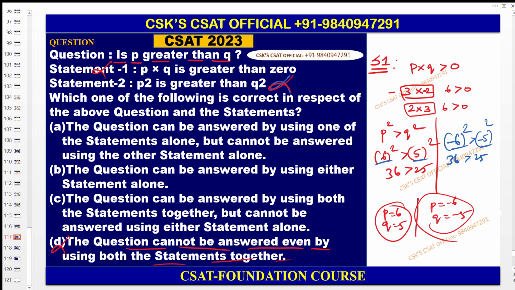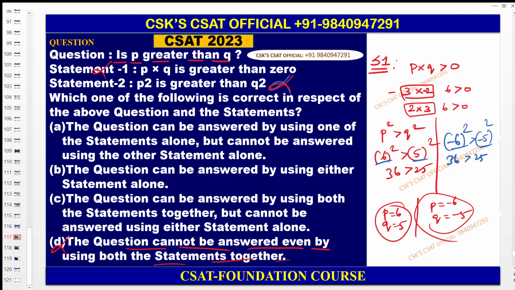Is P greater than Q? Okay. You are focusing only on the statement. Focus on the question, whether that statement satisfies the question or not. Understood, Alokesh? Yes. Sagar? Manika? Yes, sir. Thank you, sir.